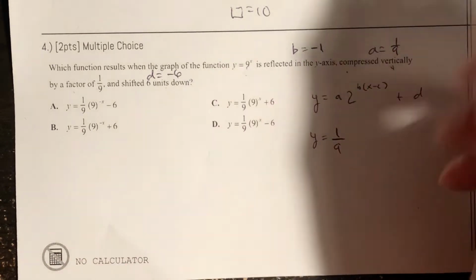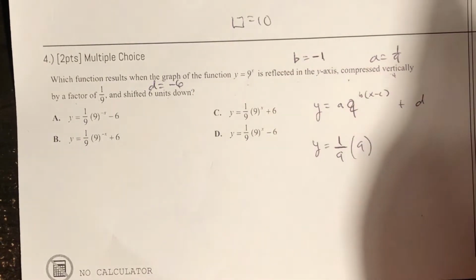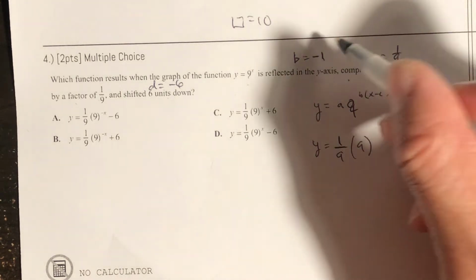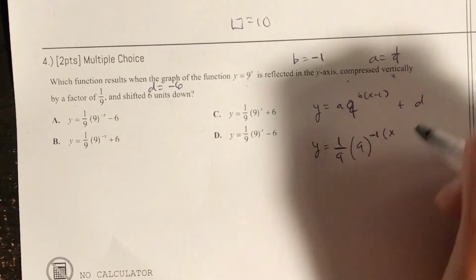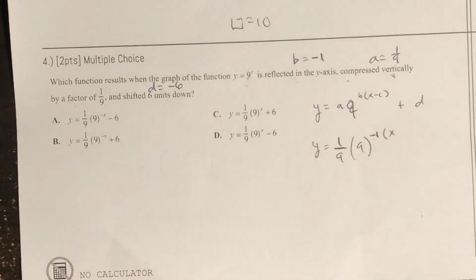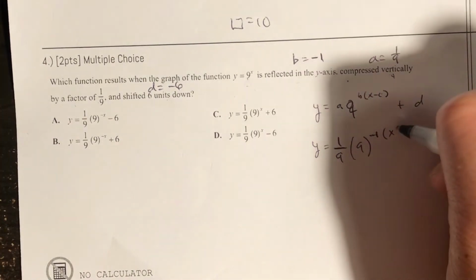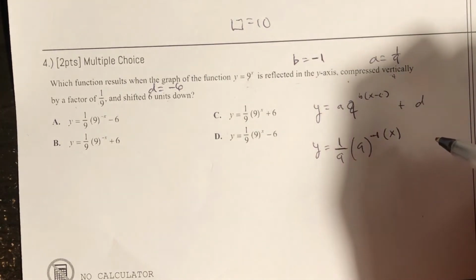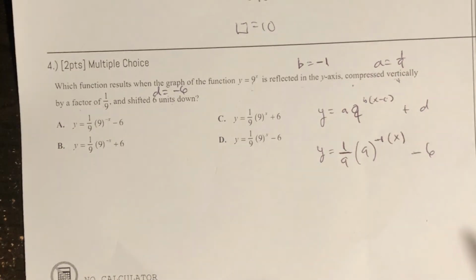My parent function is 9, so that's a 9. Then our b value we said was -1. And then your c value, we don't have anything, so you put a 0 there, which basically means nothing. And then a d value of -6.